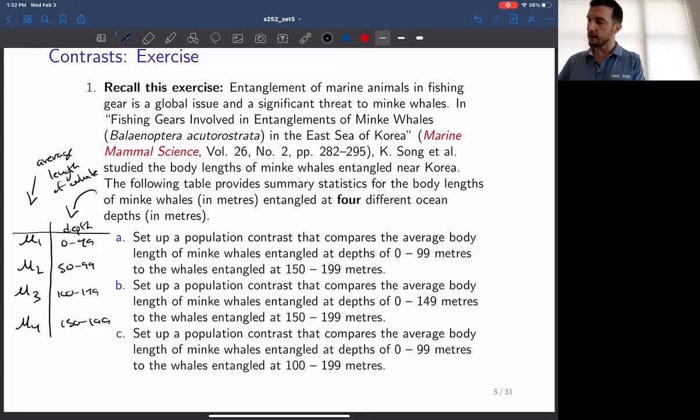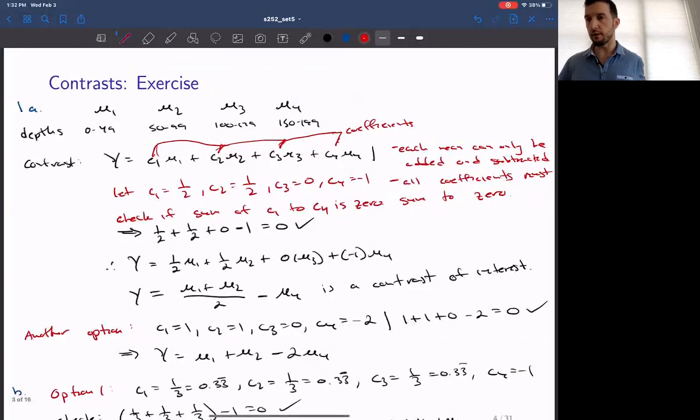So that's saying compare the average between mu1 and mu2 to the average between mu3 and mu4. So the values C1, C2, C3, C4, I have chosen based off of what I am being asked. The only rule is that the values of C1 to C4 in this case have to add to 0.